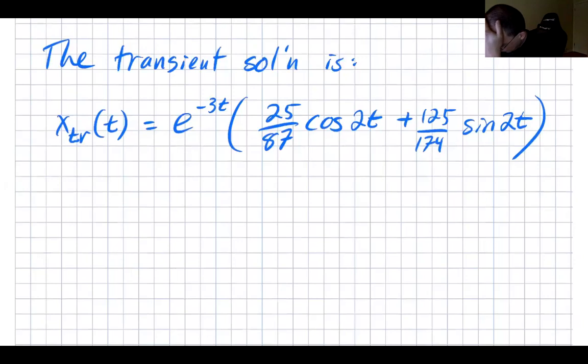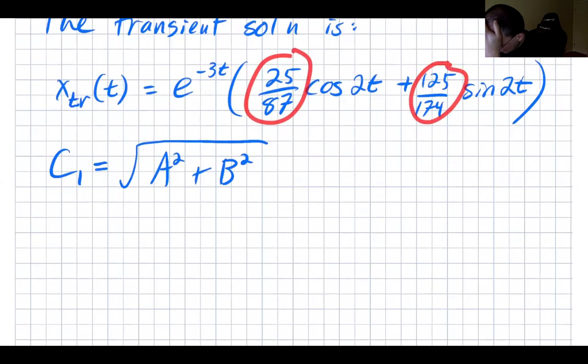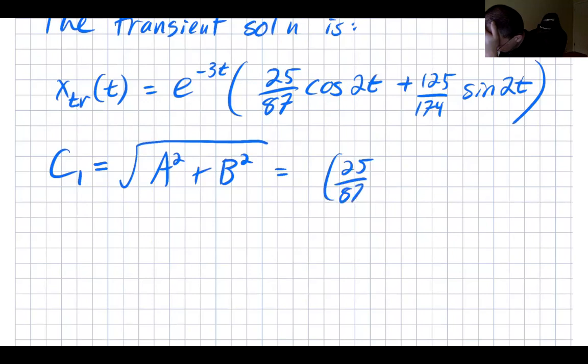So we're using C1 for this. So it's the square root of a squared plus b squared. And in this case, the a is this and the b is this. So we get the square root of 25 over 87 squared plus 125 over 174 squared.